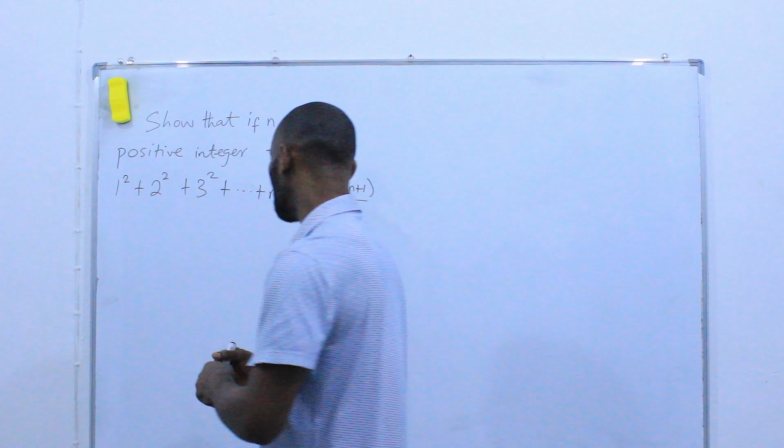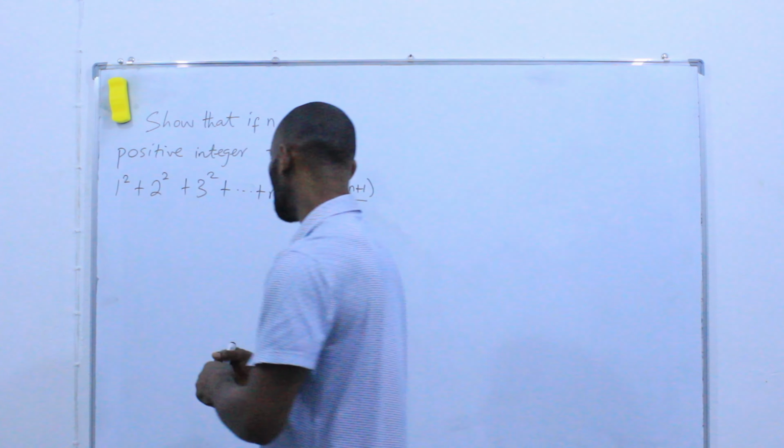Now, when n is equal to 1, we have S1 is 1 squared, which is equal to 1, but when we substitute into this formula, we're going to have 1 bracket 1 plus 1, bracket 2 times 1 plus 1, all over 6. That will give 1 times 2 times 3 all over 6, and that is 6 over 6, which is equal to 1.